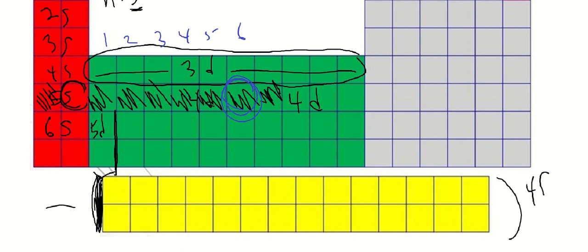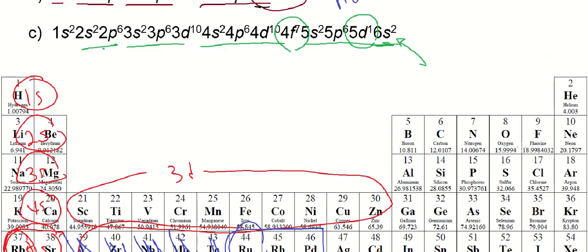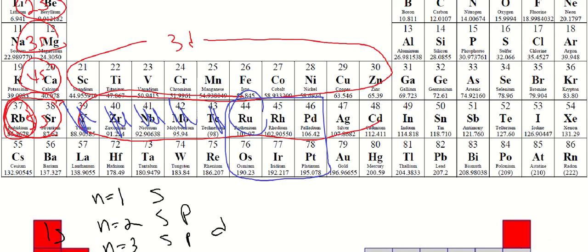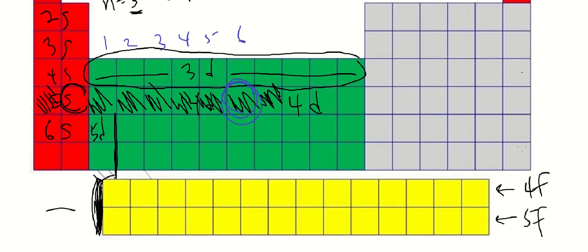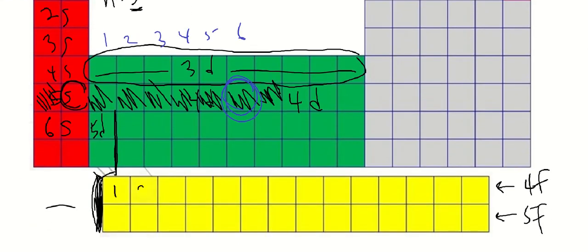I hope you said 4f. That's your 4f, not both of them. That one is your 4f, and that one is your 5f. Where did this end? 4f7. Okay. So we're here: 4f1, 4f2, 4f3, 4f4, 4f5, 4f6, 4f7.